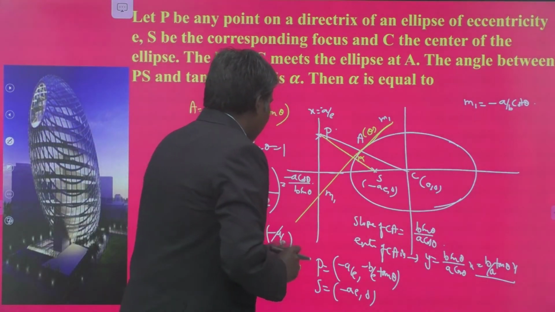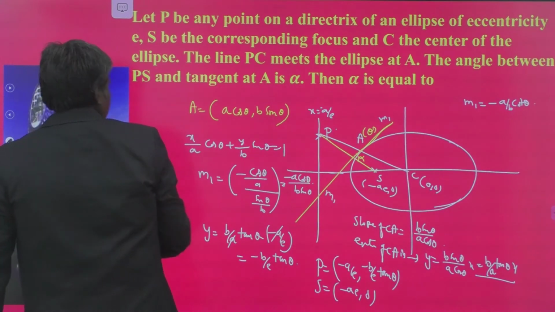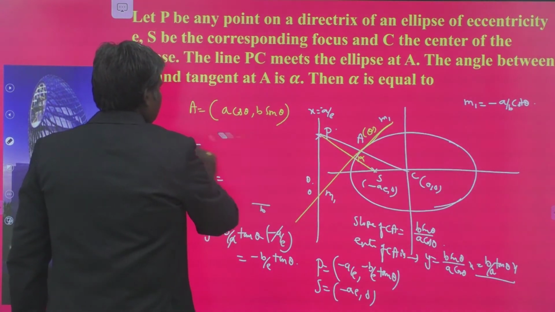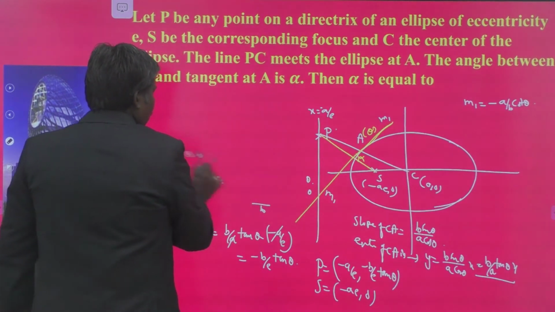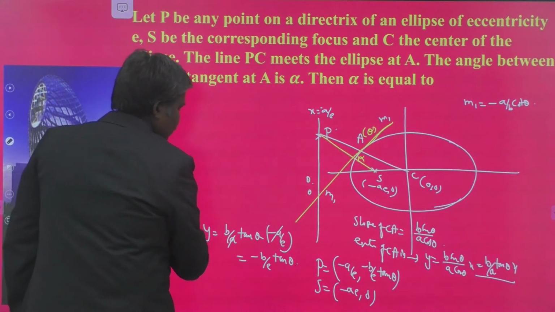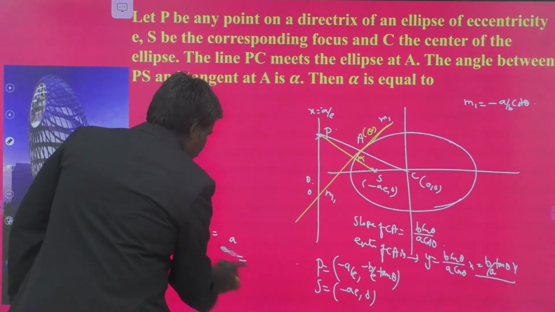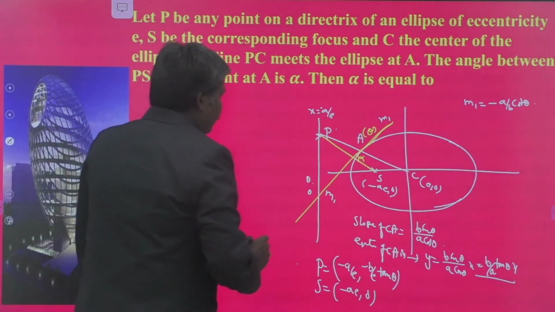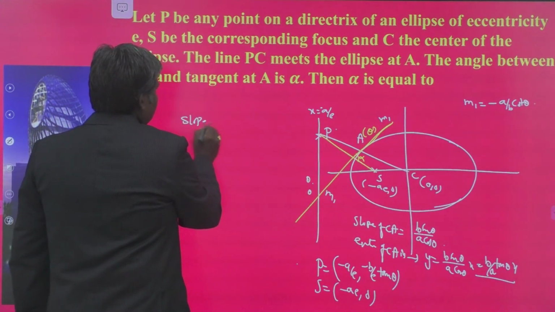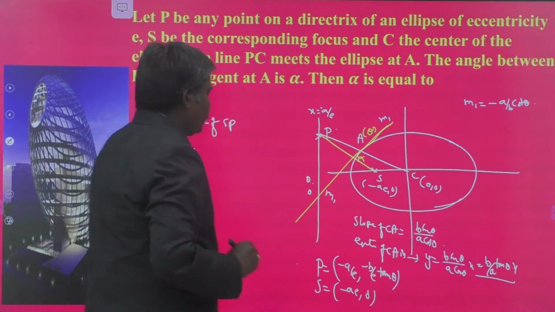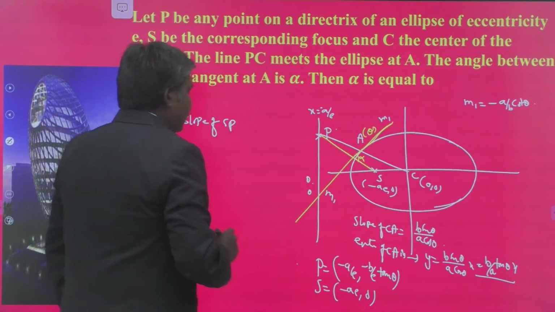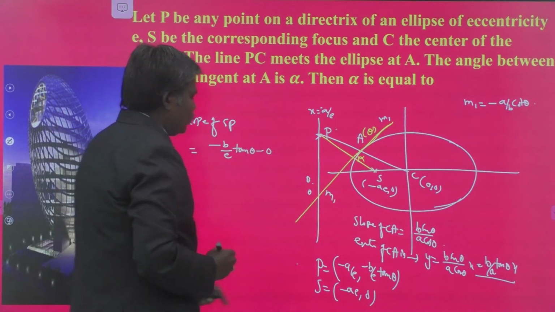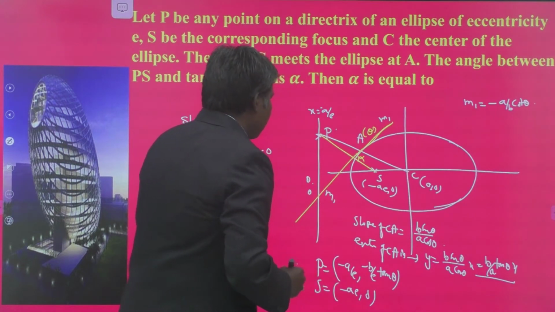We have P and we have S. Using y2 minus y1 by x2 minus x1, the slope of SP is minus b by e tan theta minus 0 by minus a by e plus ae.